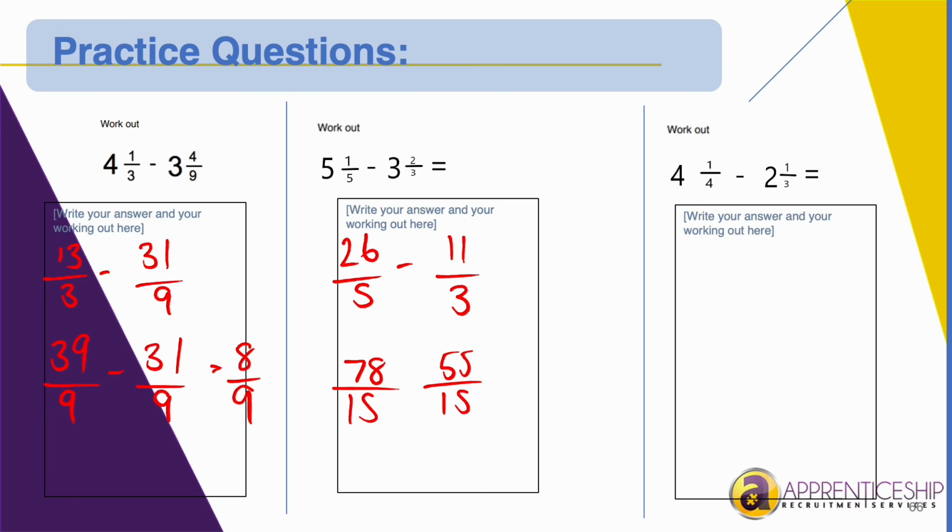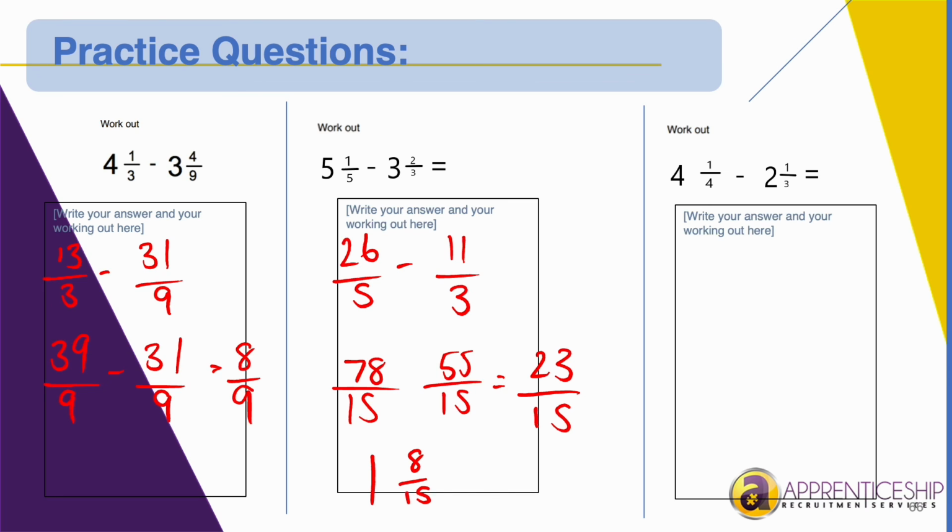Because this fraction was multiplied by 5, this fraction was multiplied by 3. So 78, take away 55, leaves us with 23 over 15. Improper fraction. So 23 divided by 15 is 1 with 8 left over. That's 1 and 8/15.